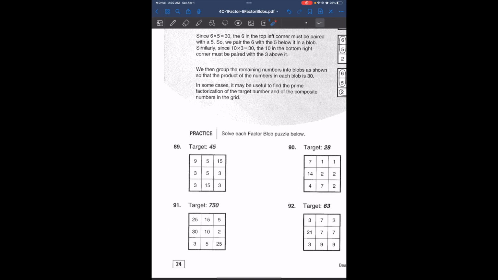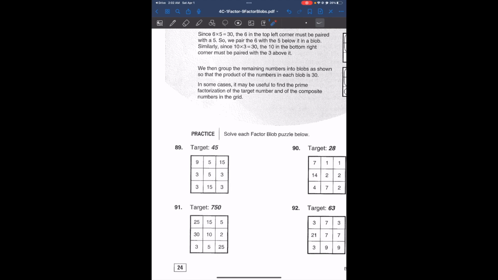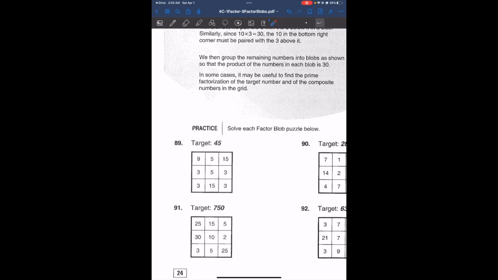For problem 89, we're going to solve this factor blob puzzle with a target number of 45. We're going to start by looking at the corners first. For 9, we know that 9 must be multiplied by 5 to get to 45, so this is going to be one blob.